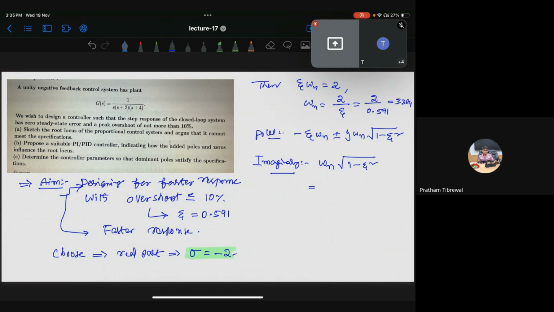If you substitute, you will get 2.73. So finally, what are the desired dominant poles? S is equal to minus 2 plus or minus j 2.73. These are the desired dominant poles.